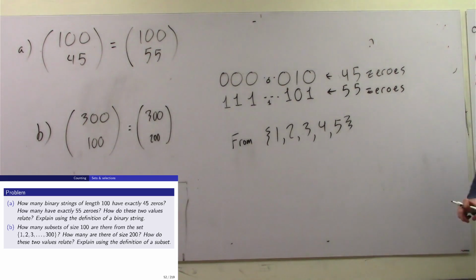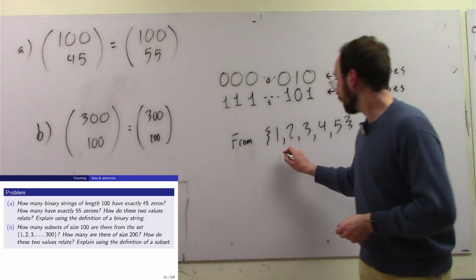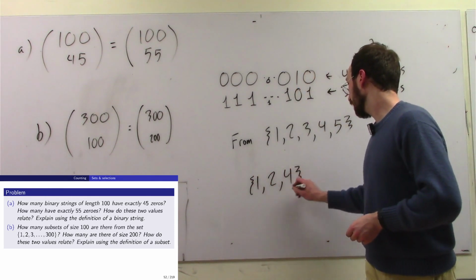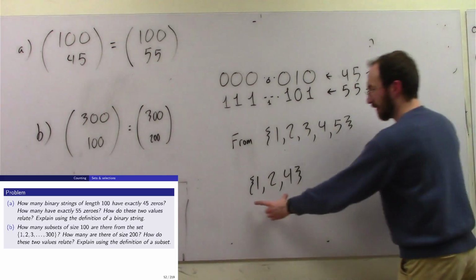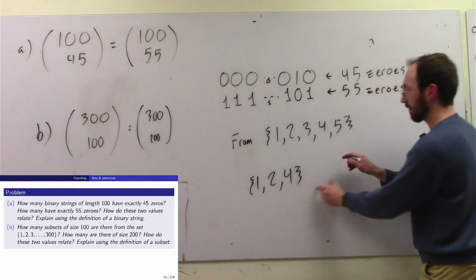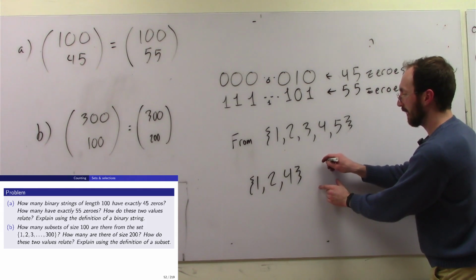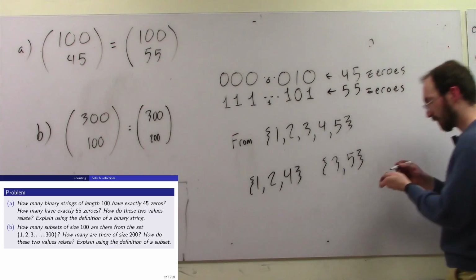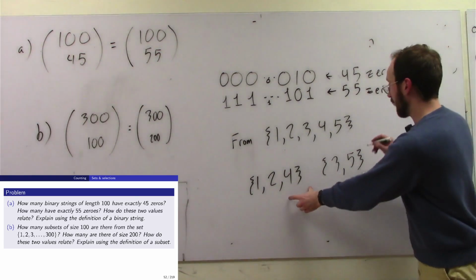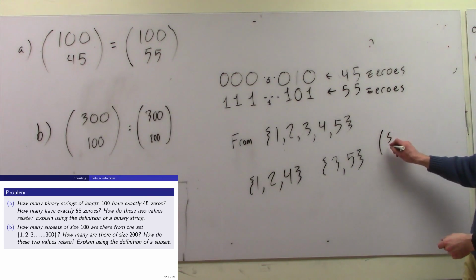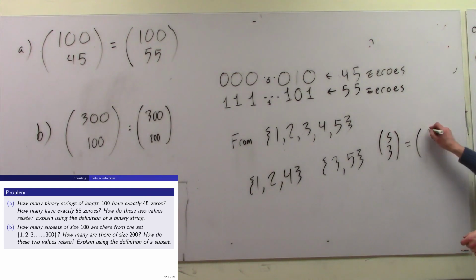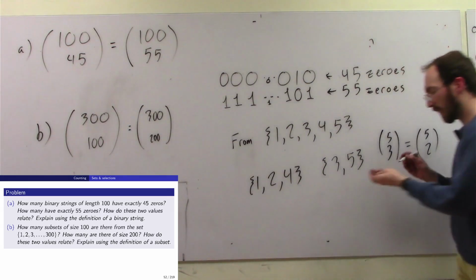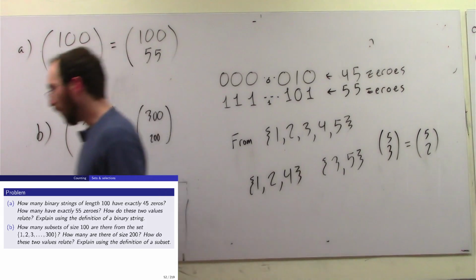If I choose a 3 set, say 1, 2, 4, then there's another corresponding set of size 2, 3 and 5 that I didn't pick. And this is the essence of why, in this case, 5 choose 3 equals 5 choose 2. We just correspond what we have to what we don't have.